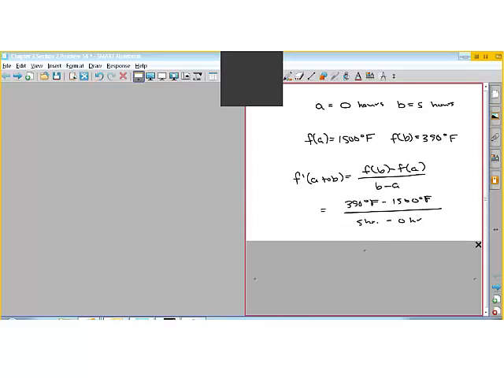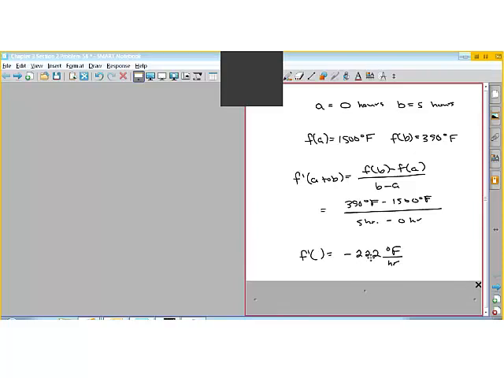So if we find that slope, plugging those numbers in, you get -222 degrees Fahrenheit per hour. And that's the number quoted in the problem. So the mean value theorem says that there's at least one point between 0 and 5 hours where this is true. So that's why it works.